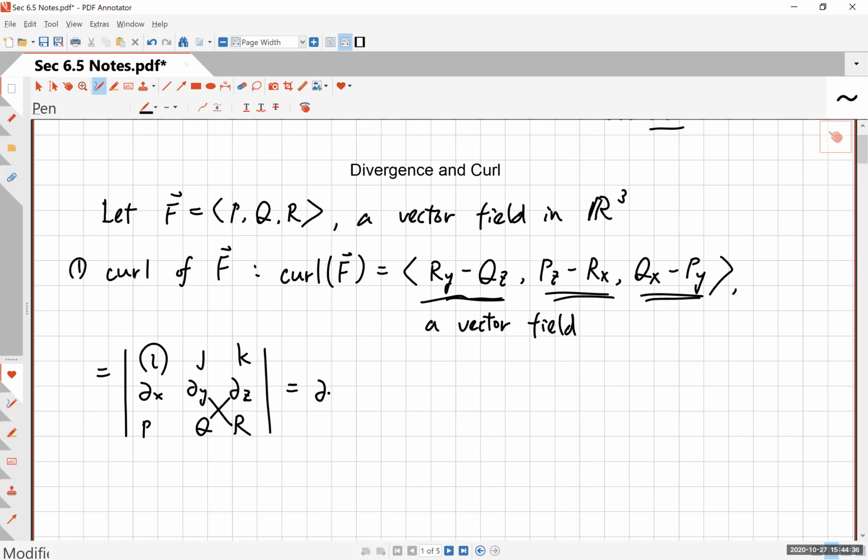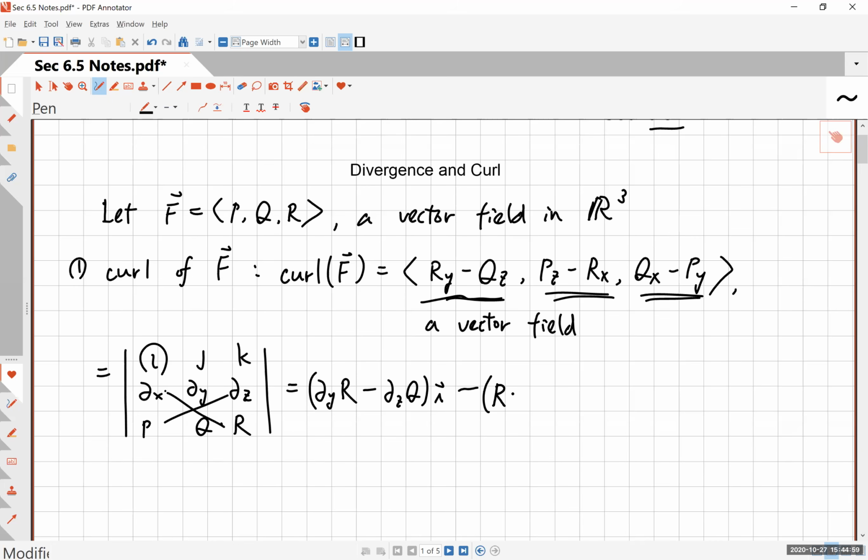So that means the partial of R with respect to Y minus the partial of Q with respect to Z, right? And then you put i in here. The next one is tricky, as you know. It's going to be minus this, minus that. So what does that mean?